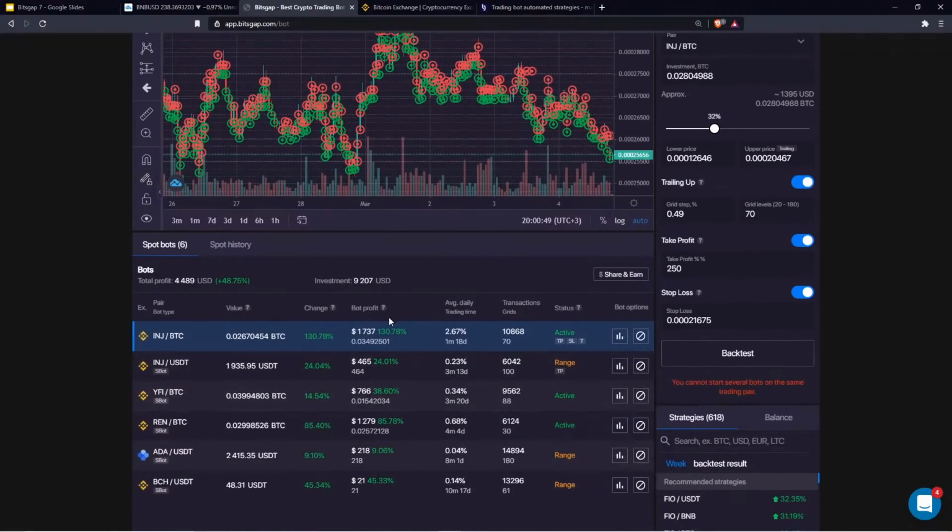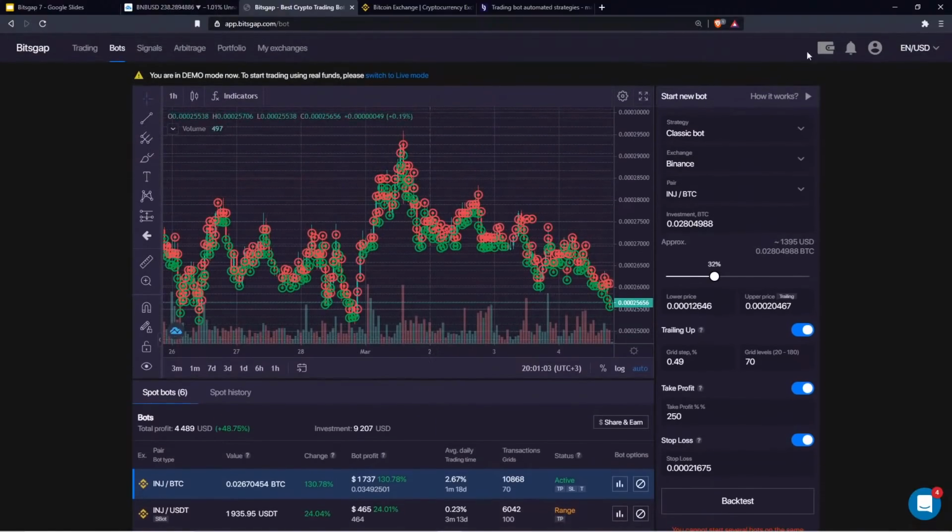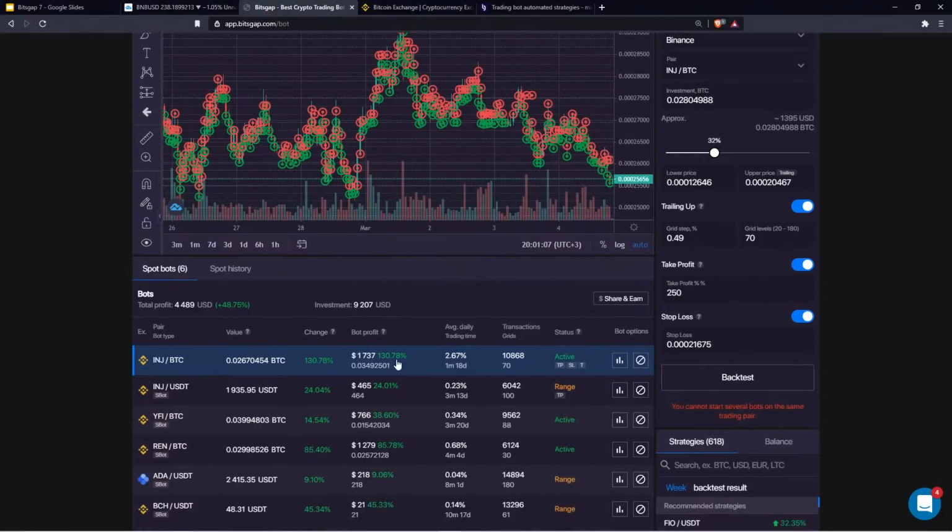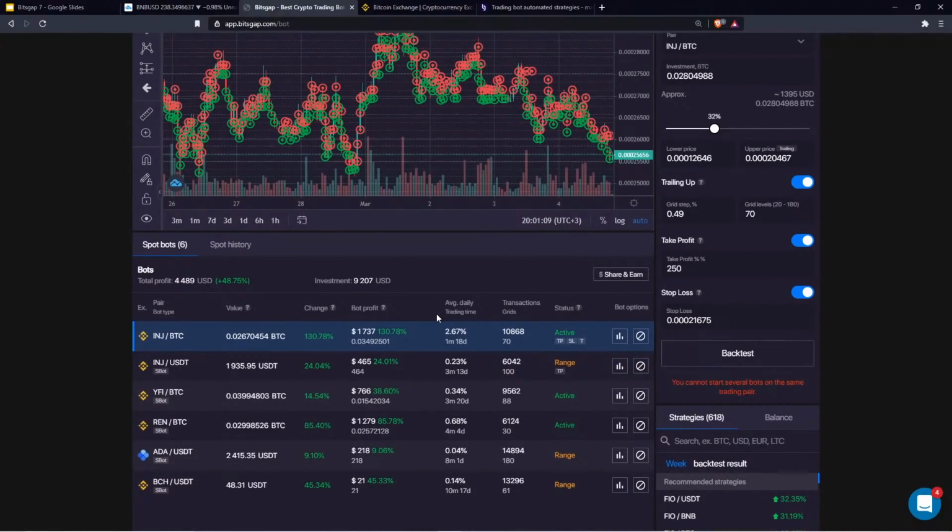Okay, it's just that you have virtual money here instead of real money, which is cool because you never lose what you really possess in your real life. And as soon as you come up with the best strategy that suits you the most, you can go to your real account to start trading with those configurations that have proven to be successful on the demo mode.